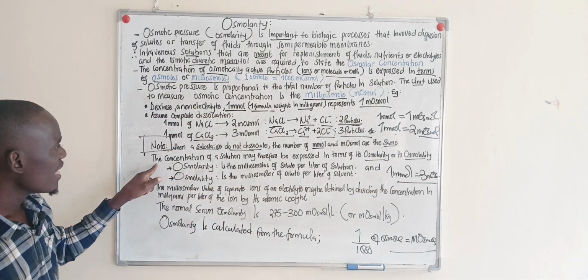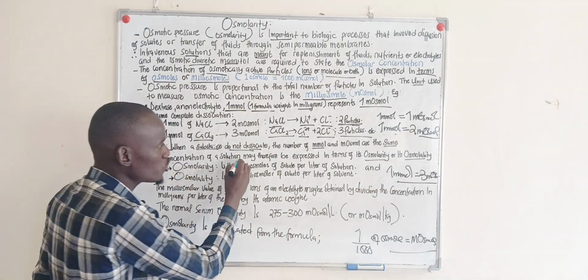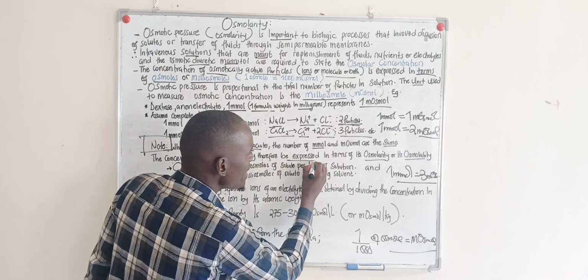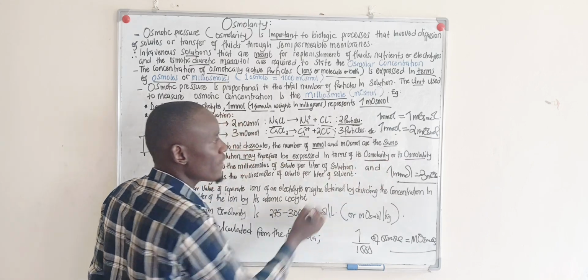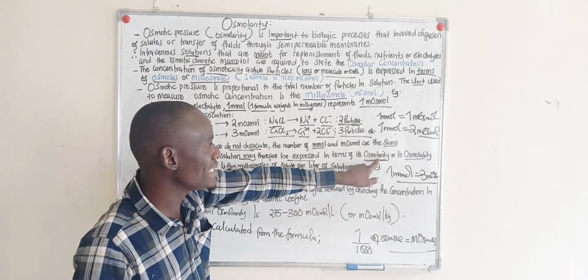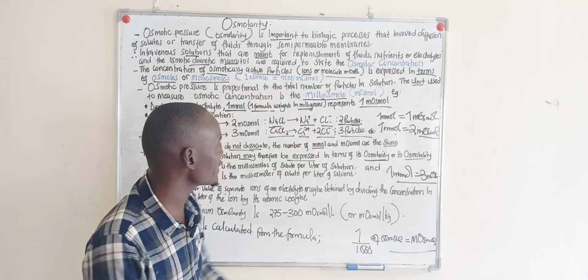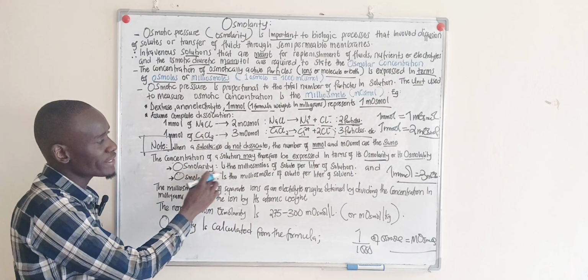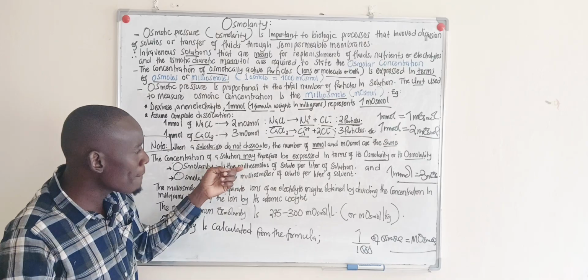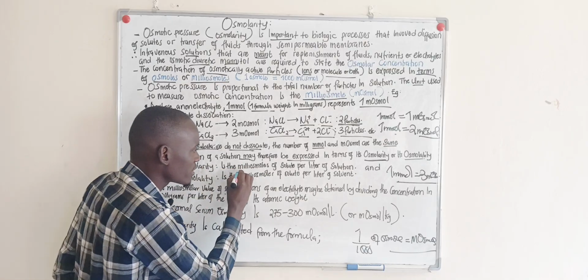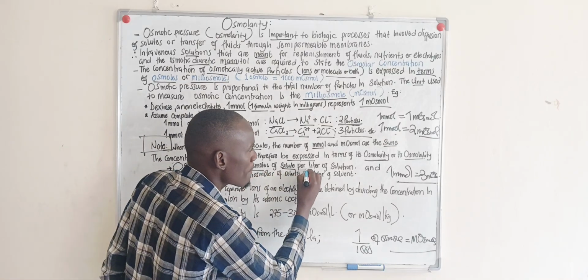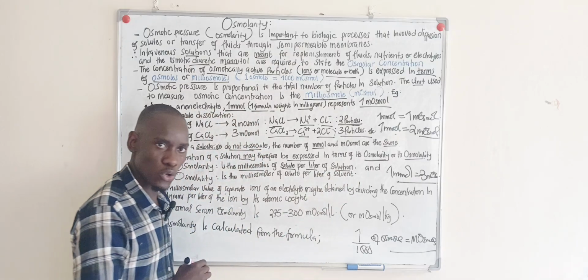Therefore, the concentration of a solution may be expressed in terms of either osmolarity or osmolality. When we say osmolarity, we simply mean the number of mOsmols of a solute per liter of solution.